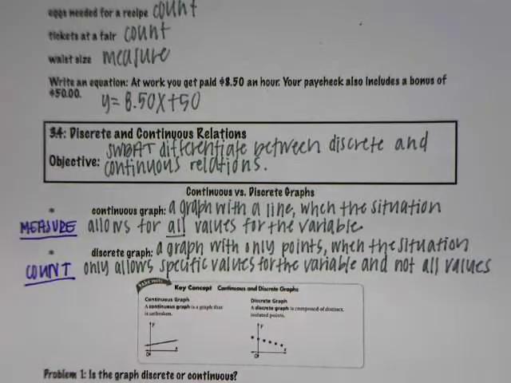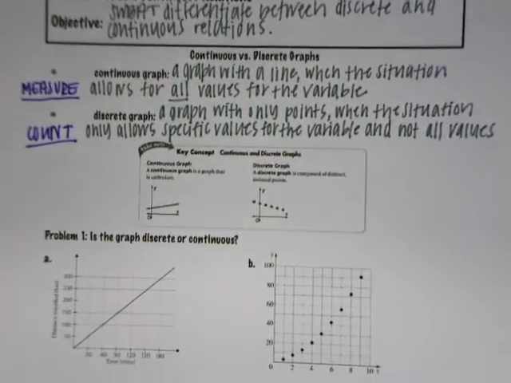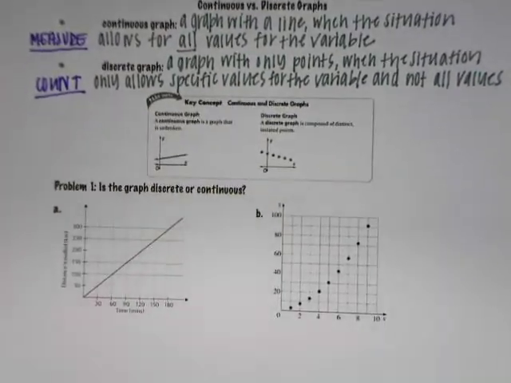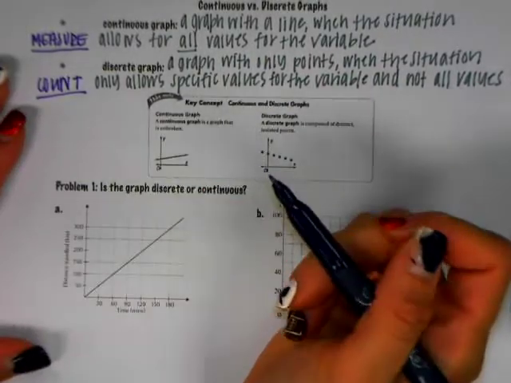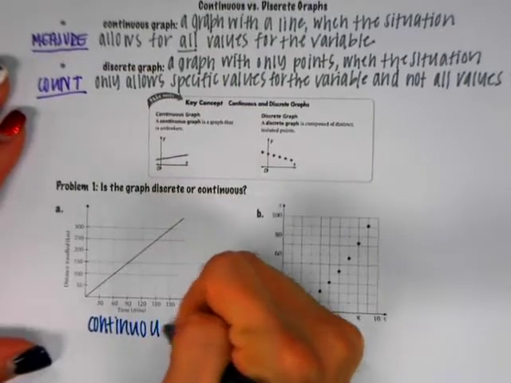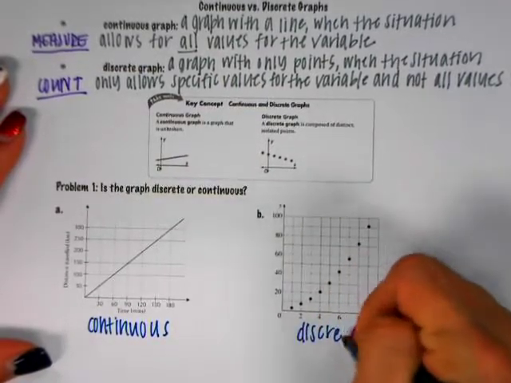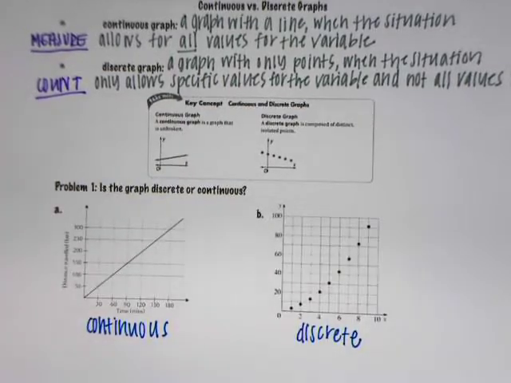So first, we're just going to say discrete or continuous on the graphs. So if we look at the first graph, would this be discrete or continuous? Yep, continuous. And what about the second one? Yep, discrete. And then go ahead and do the next one.